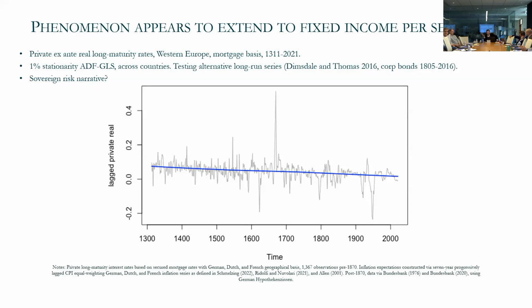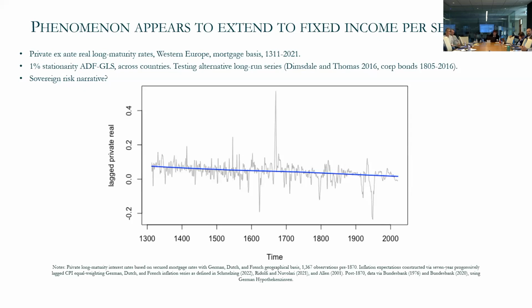So it's not something specific to sovereigns or the public sector per se. We can talk about the slope and the degree of the decline, but the same basic phenomenon seems to be true for other assets.